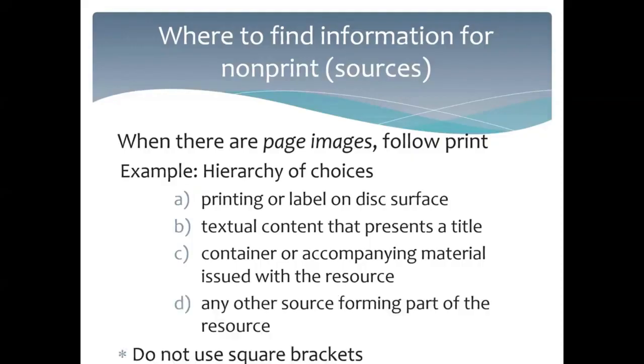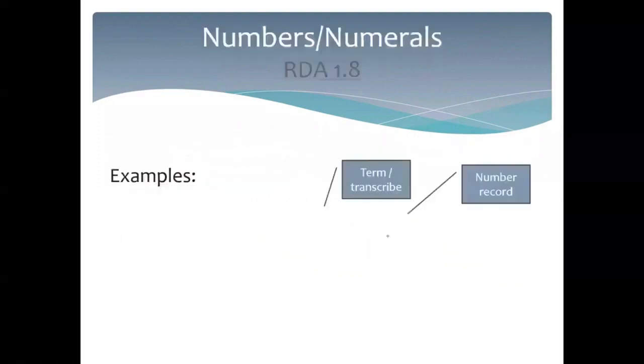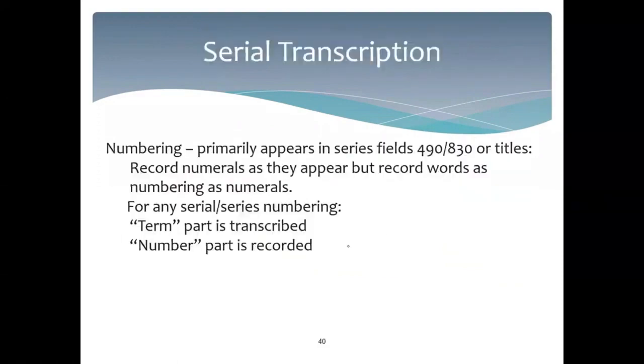And I would say for most of us, you're not going to use square brackets in terms of creating the title for these. You're just going to take it from what it is. So that comes along to then transcription. And transcription is something that's part of RDA, and this impacts certain fields that we have.